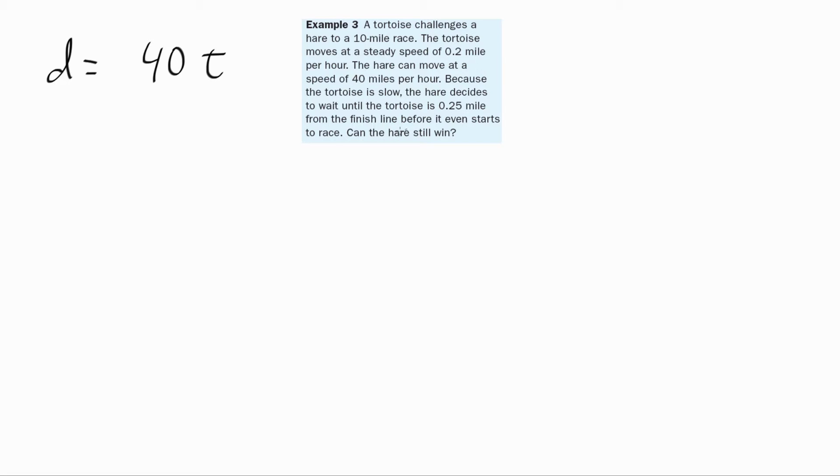It's waiting till the tortoise is 1/4 of a mile from the finish line. We need to know what it'll take for it to catch up. So this is going to be the distance for when the tortoise has traveled 9.75 plus the tortoise's speed, 0.2t.